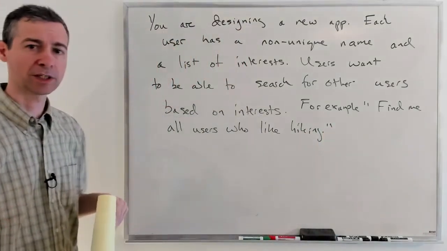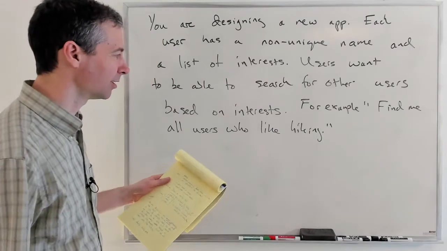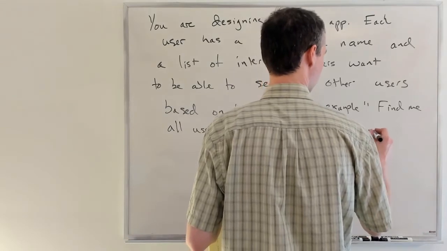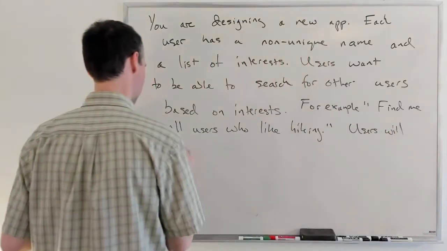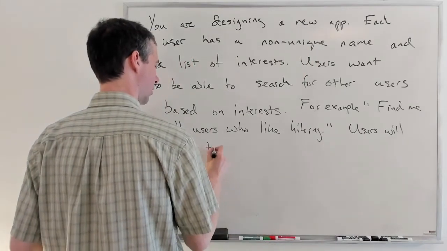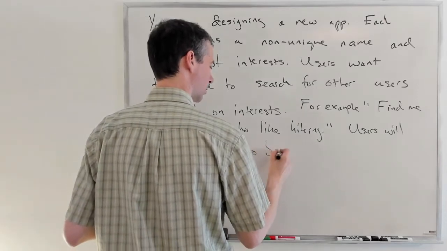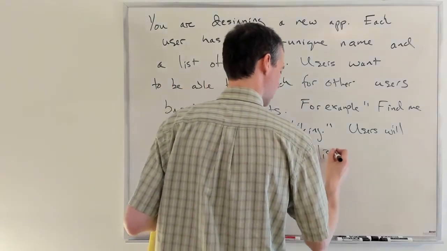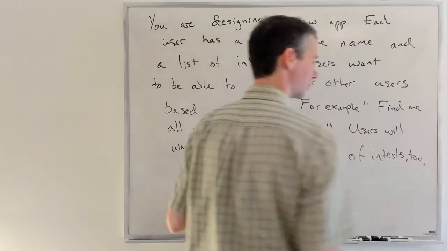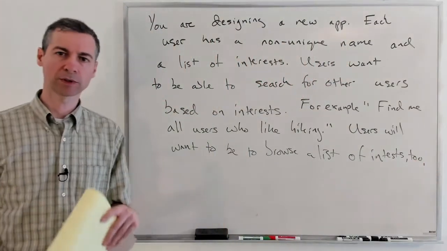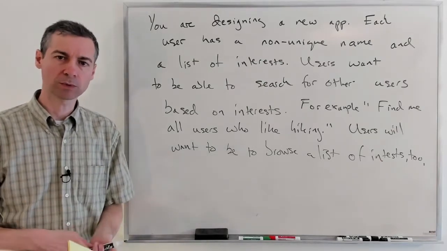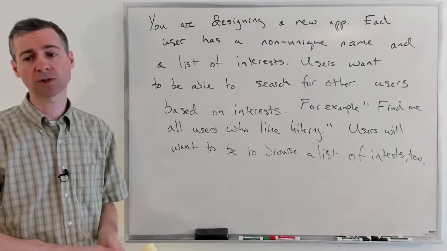And they may very well actually like to be able to, let me put it this way, I'm just going to go ahead and extend this, and say users will want to be able to browse a list of interests. So when we figure out how we're going to build applications, we talk to people, we talk about what the application's going to need to be able to do, and so forth.